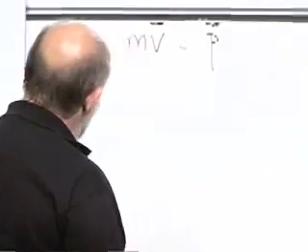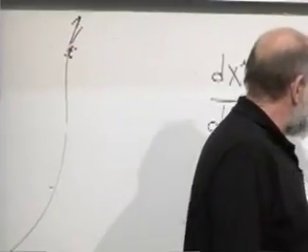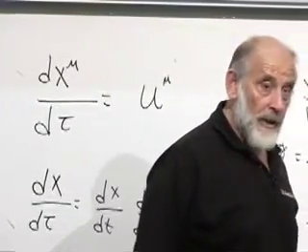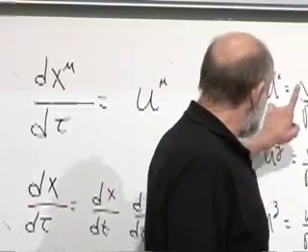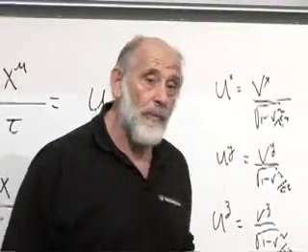Okay, the momentum of a particle in relativistic theory is not gotten by multiplying the mass by the ordinary velocity, but rather the mass by the relativistic velocity.